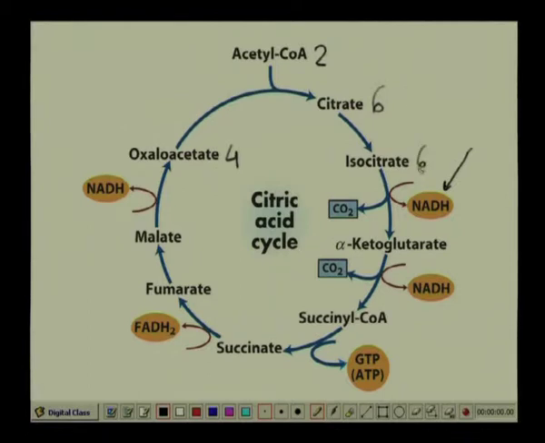We still have 6, we have lost 1, 5, lost another one, 4, 4, 4, 4. How many NADH do we have? 1 NADH, 2 NADH, 3 NADH. How many ATP? 1. GTP is converted to ATP because guanine and adenine are both purines, and we have 1 FADH2. So, that is our count.